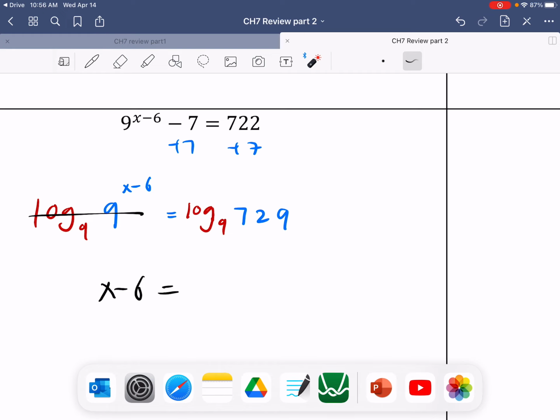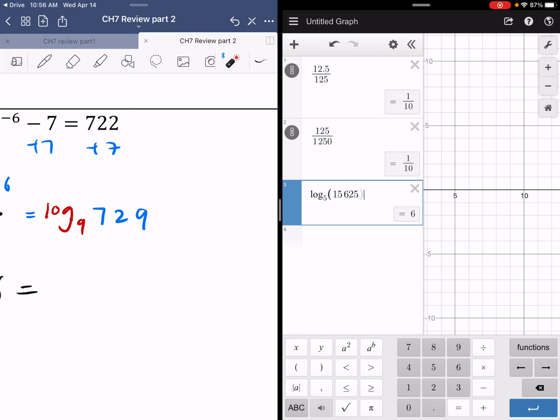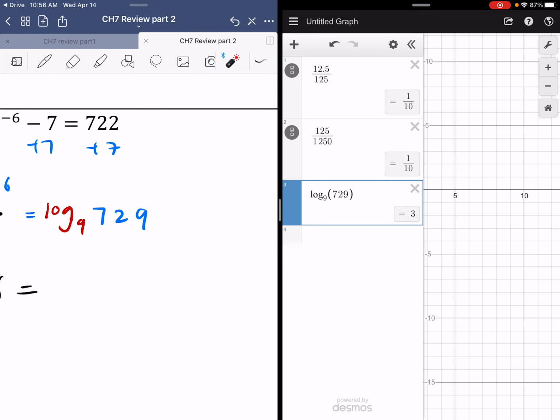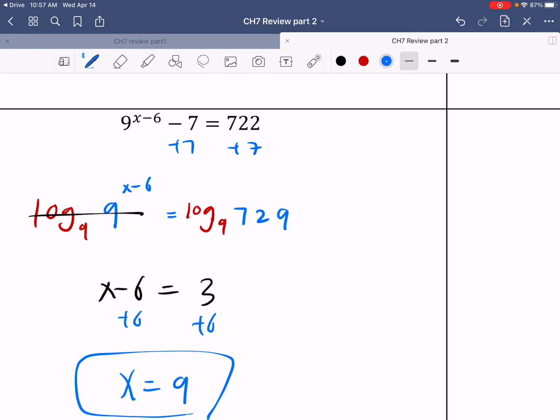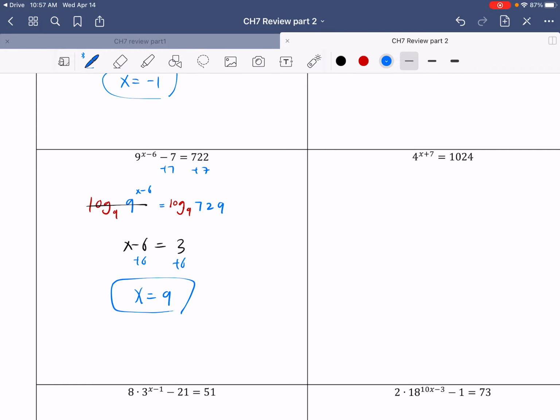I believe it's most likely like 9 cubed, but let me check just in case. So log base 9. Oh, I was right. 3. So plus 6 both sides, you will get x equals 9. Okay, so try the question on the right by yourself.